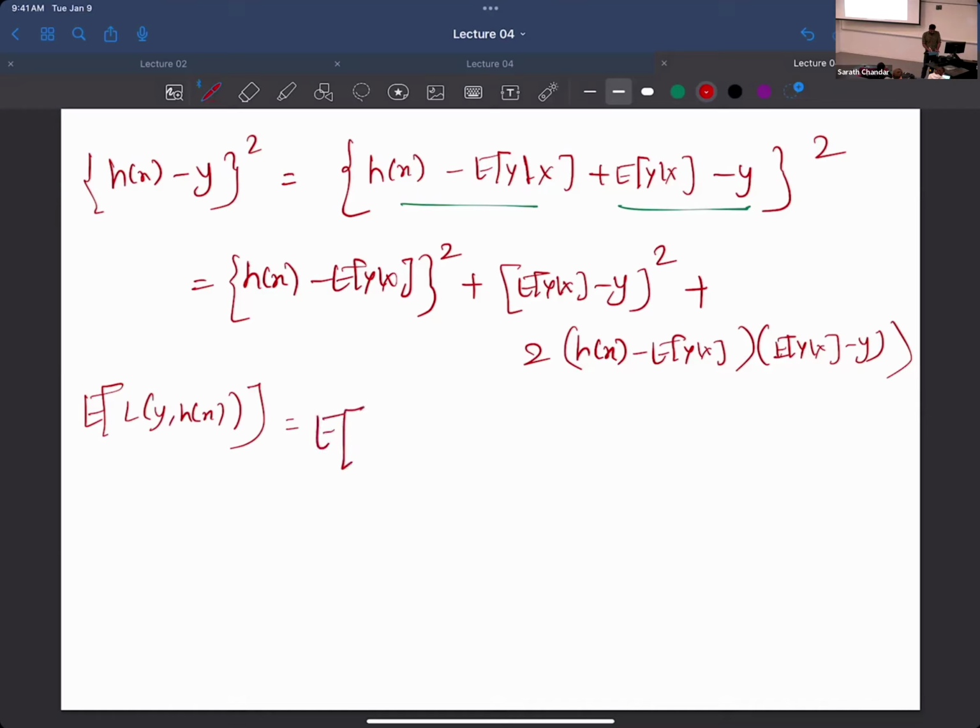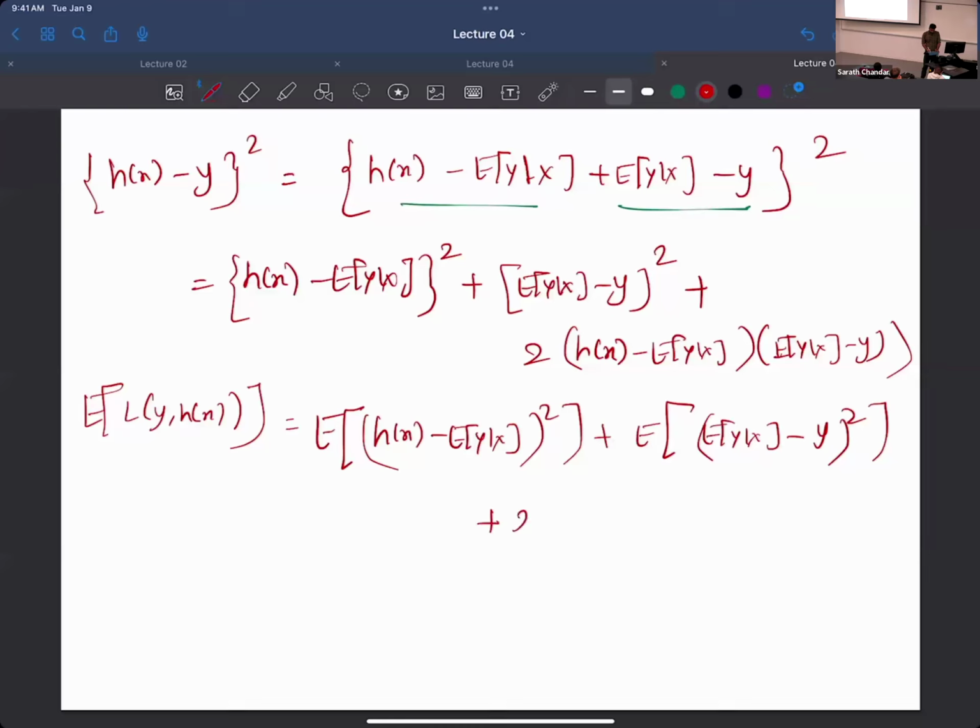So the expected value of h of x minus E of y given x the whole square, plus the expected value of E of y given x minus y the whole square, plus 2 times the expected value of h of x minus E of y given x times E of y given x minus y.